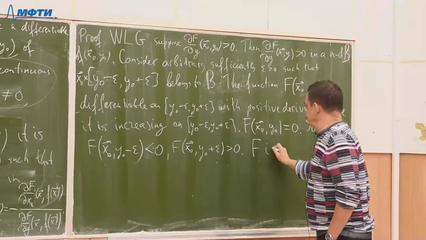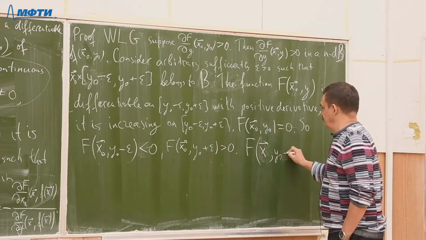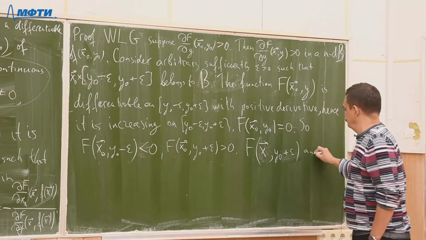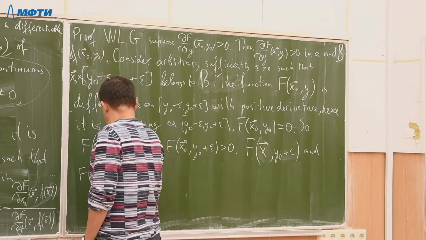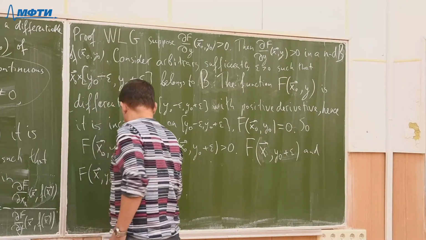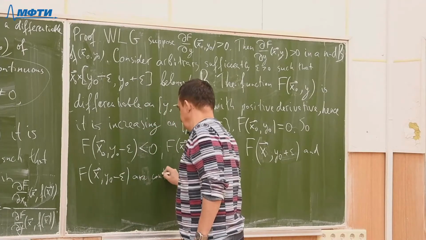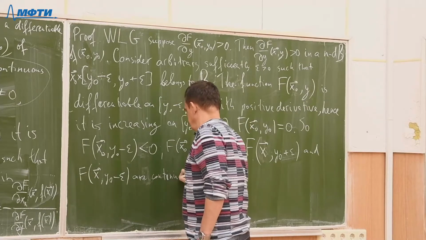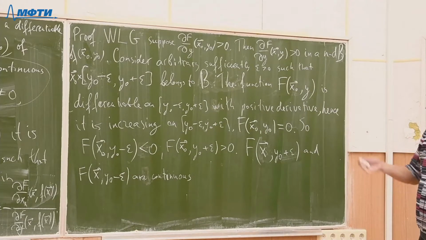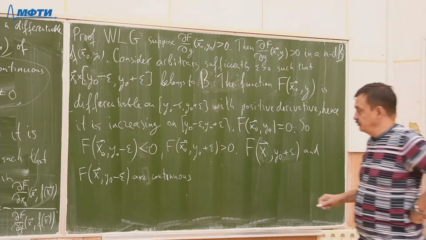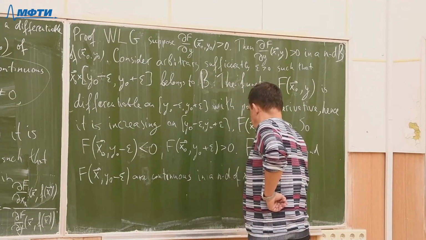So F is continuous, F of x, y naught plus epsilon and F of x, y naught minus epsilon are continuous. Of course, in a neighborhood, right? In a neighborhood of x naught.